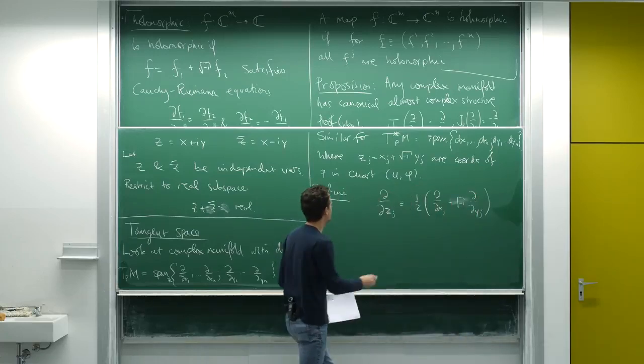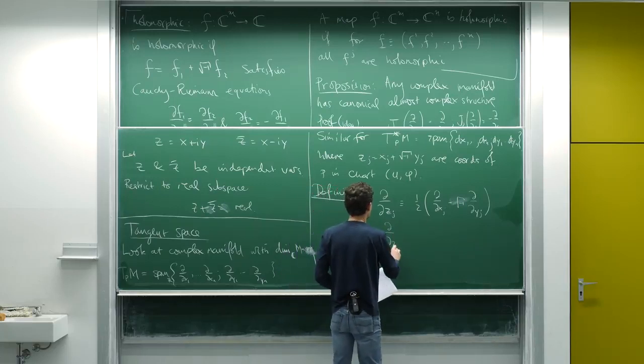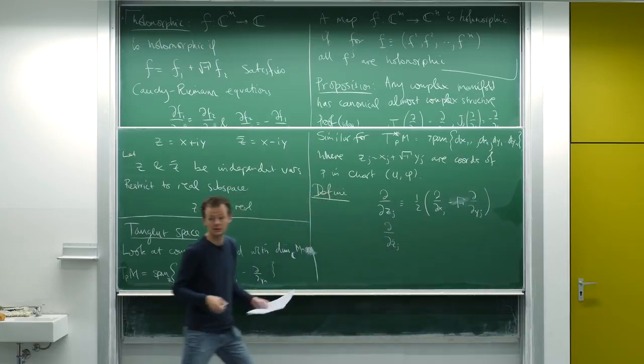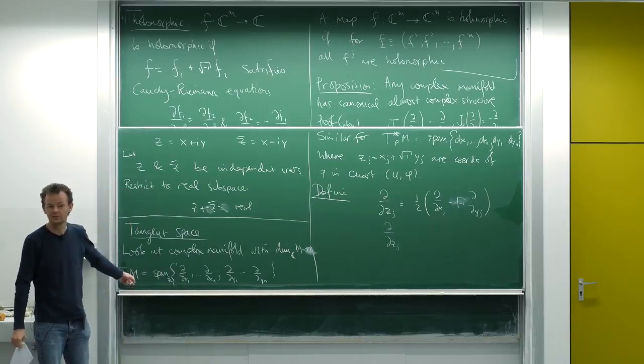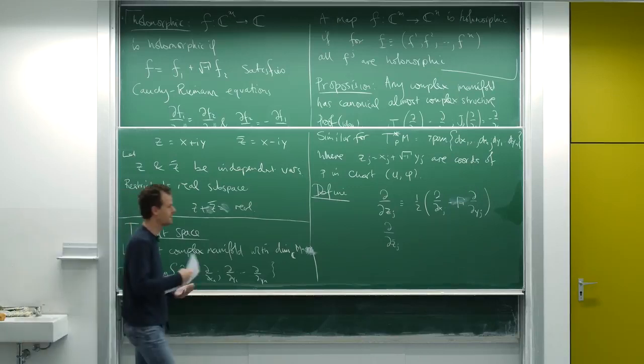So I'm going to define the following vectors. They no longer live in this tangent space. They can't possibly be living in here because that's a real vector space.